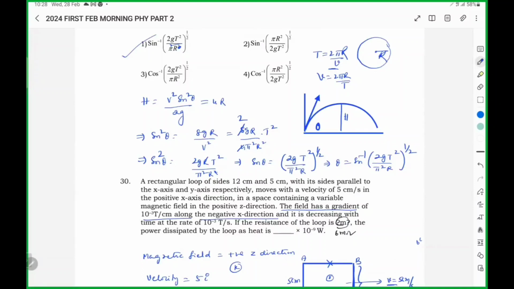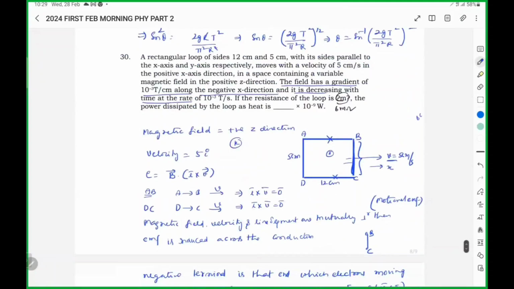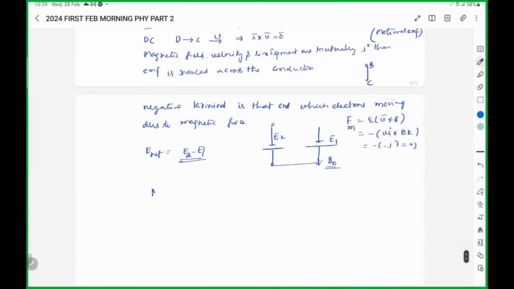So with respect to X, field changes, and with respect to time also field is changing. So here magnetic field is changing with respect to X and with respect to time.